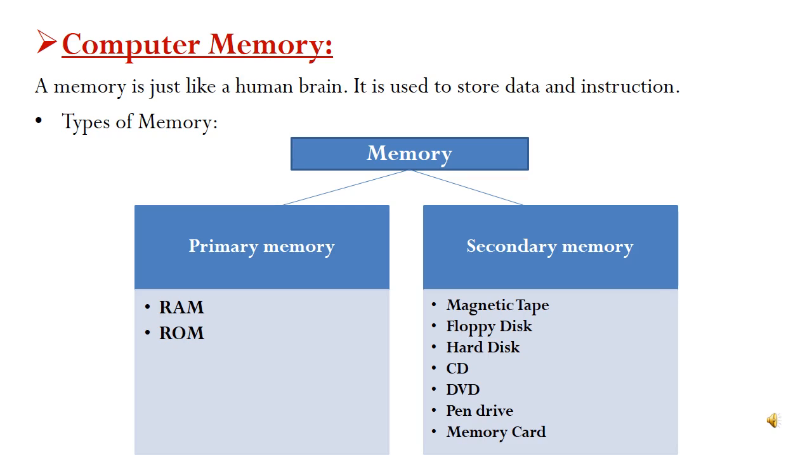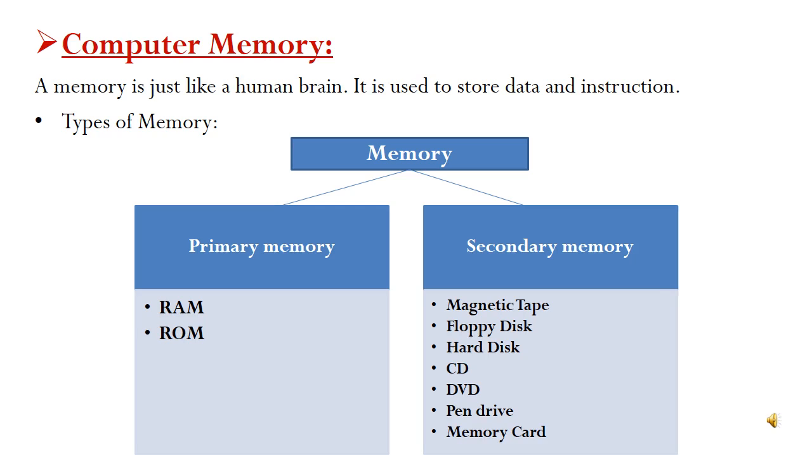There are different types of memory. First is the primary memory and second is the secondary memory. In primary memory, there are two types, RAM and ROM.